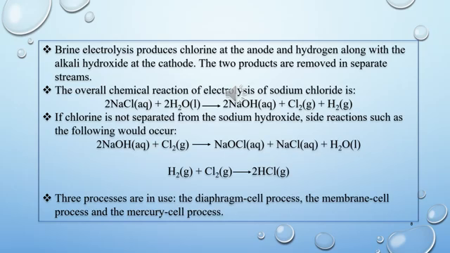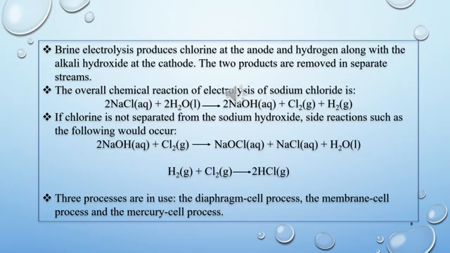Now students, we are going to discuss the complete chlor-alkali process with the help of reactions. The first point is: brine electrolysis produces chlorine at the anode and hydrogen along with alkali hydroxide at the cathode.